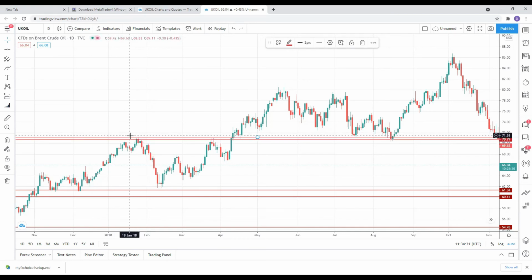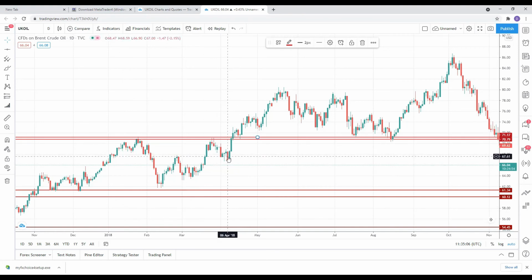This area was a potential area of resistance. We see here resistance also held. It is also possible for the price of the asset to break resistance. We see the price of the asset went through resistance. This is called breaking resistance. When the price of the asset breaks resistance, resistance can now act as support.